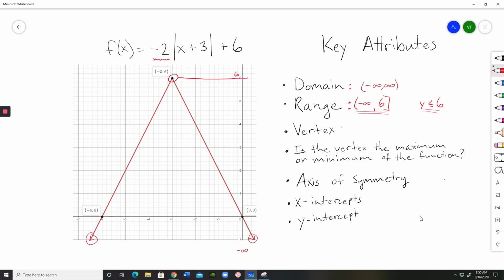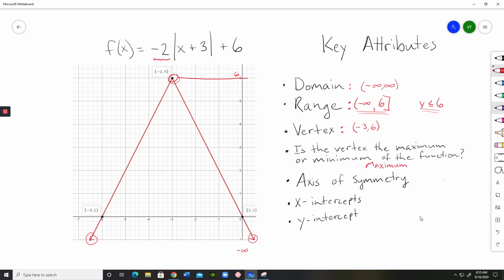Okay, the vertex then, we can see it right there on the graph. I've already circled it. The vertex is at (-3, 6). And is the vertex the maximum or minimum of the function? Well, in this case, it's at the top of the function because we're reflected down because of our -2. So it is a maximum this time.